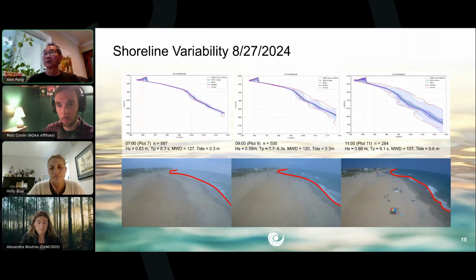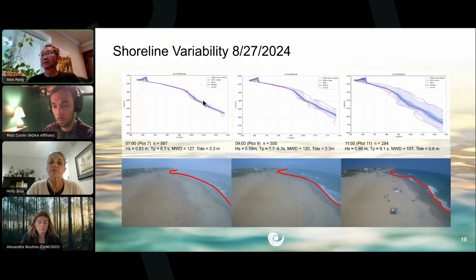What we see on the upper row is that for these different time frames, the interquartile range and the outliers are pretty close to the median curve.